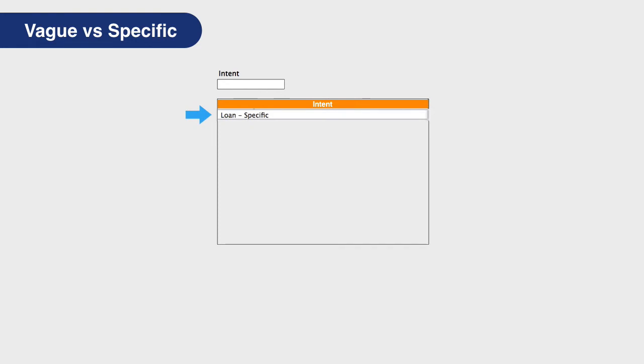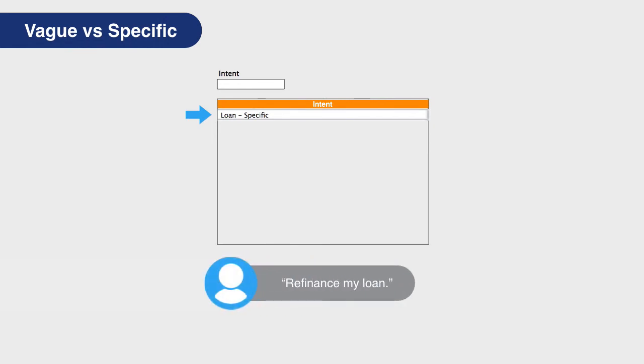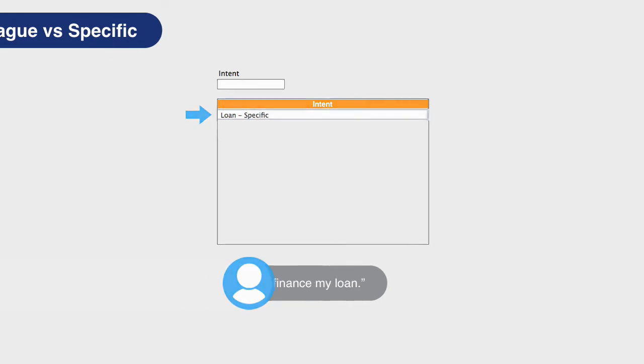Loan specific refers to more detailed loan-related intents for which no more applicable search box entries exist. For example, refinance my loan is a detailed intent involving a loan and would be handled with loan specific unless there is a separate search box entry for refinancing intents.